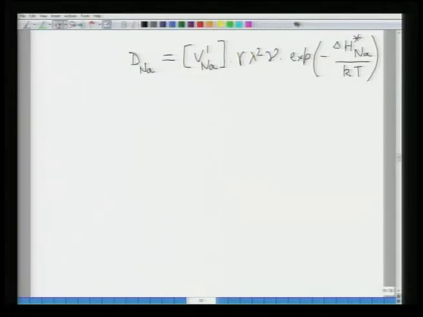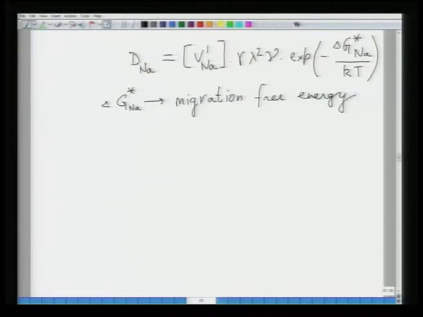In fact, it should be delta G star, because we will break it down a little later. So, in this expression for diffusivity, delta G star Na is nothing but the migration free energy associated with sodium vacancies, and V_Na is the sodium vacancy concentration.